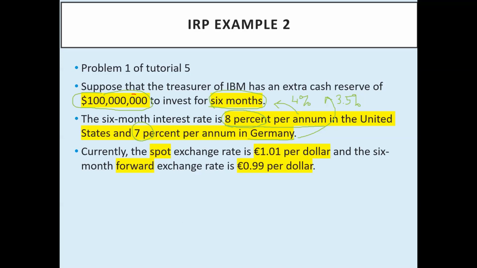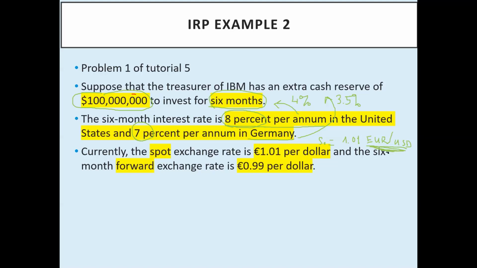We are also given information about the spot and the forward exchange rate. At the current time, the spot rate is 1.01 euro per USD. Okay. So be careful with the exchange rate here.